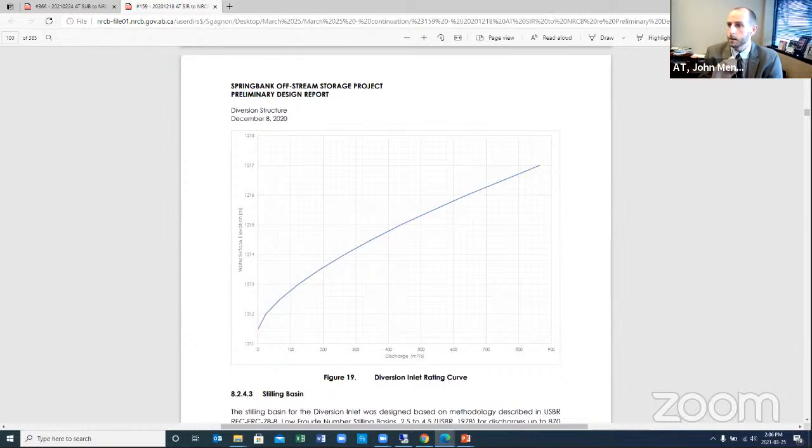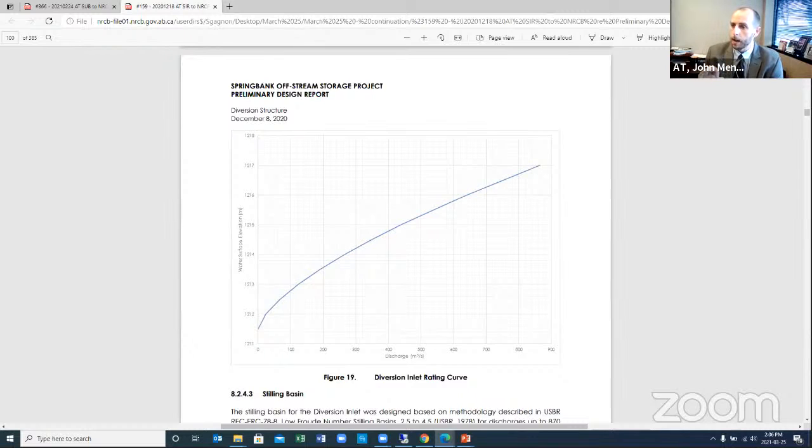The reason this diversion inlet rating curve extends to that level was so that we could analyze the potential effects of a malfunction of the gates and a failure for them to close. In this scenario, 1217 is slightly greater than what the probable maximum flood would produce at this structure. So in that case, that amount of flow could flow into the channel.